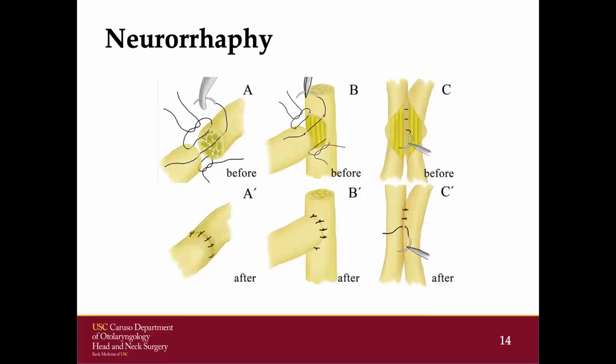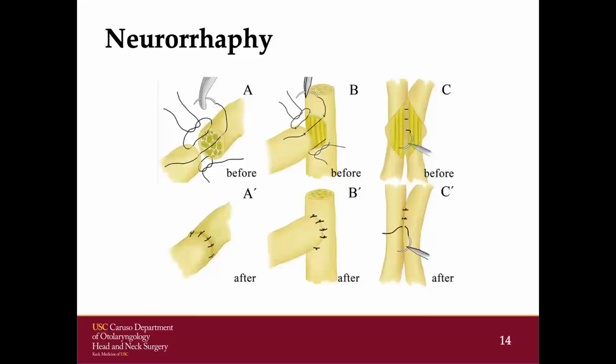As you can see here, there's different techniques that you can do. The best of which is an end-to-end repair. However, an end-to-side repair or a side-to-side suture can also be viable.